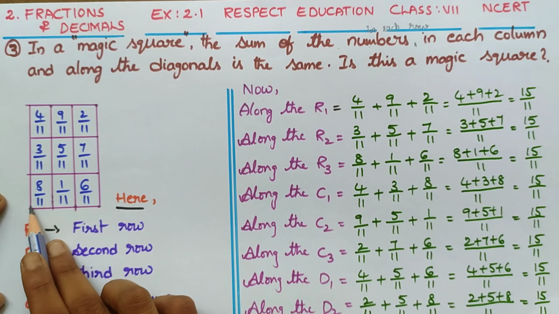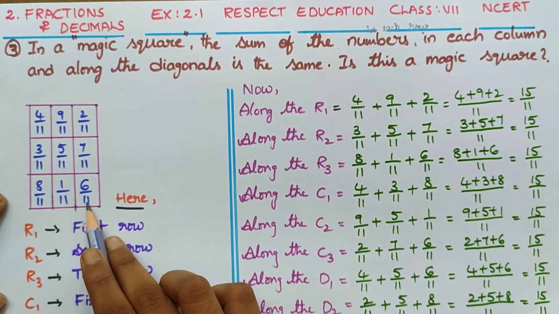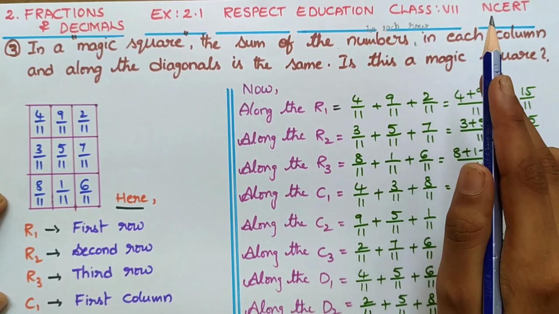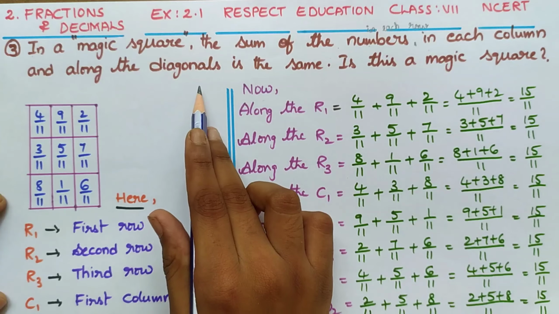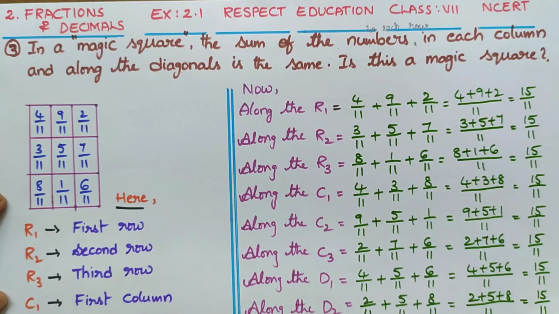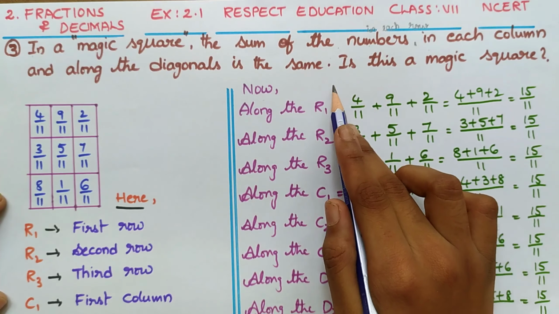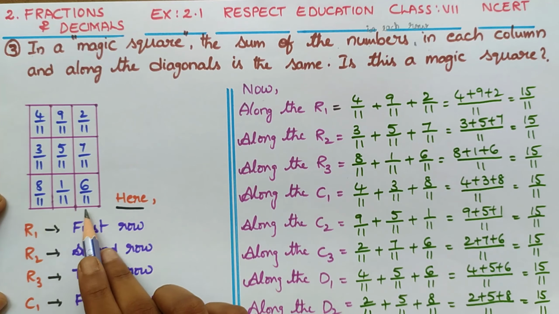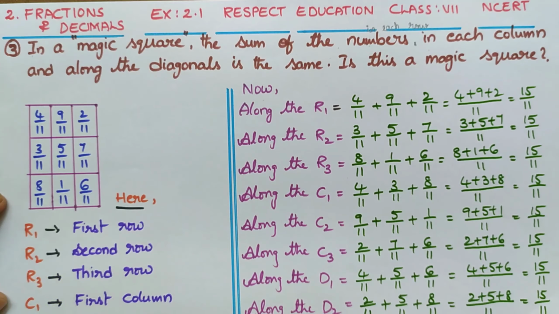These are diagonals. So the sum of the numbers in each row, in each column and along the diagonals should be the same. Is this square a magic square?